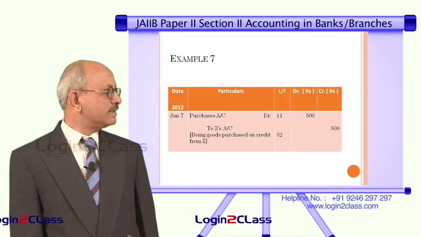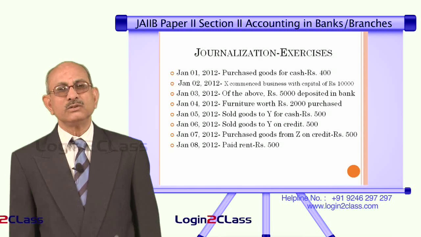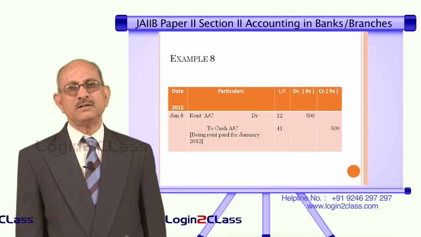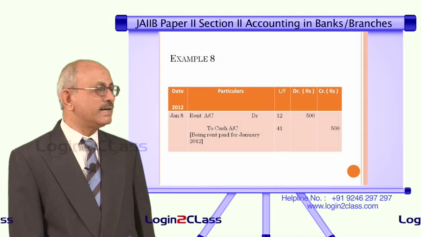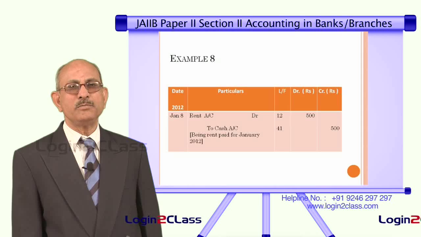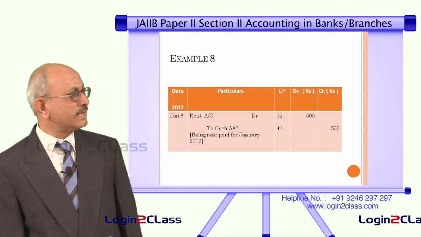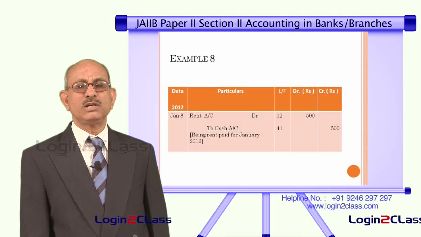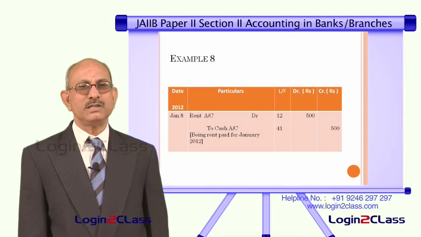And next illustration is paid rent rupees 500. So you have to identify the two accounts which have to be debited and credited in this. One is of course the rent account, because that is an expenditure, and since rent has been paid in cash, cash account is also affected. So rent account and cash account are the two accounts which are affected. Rent is an expenditure, so it is a nominal account.